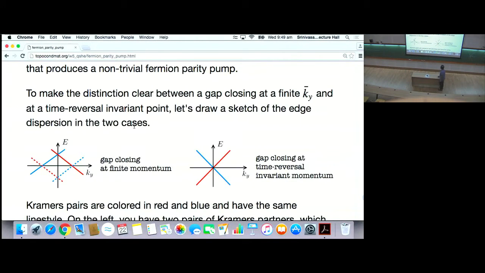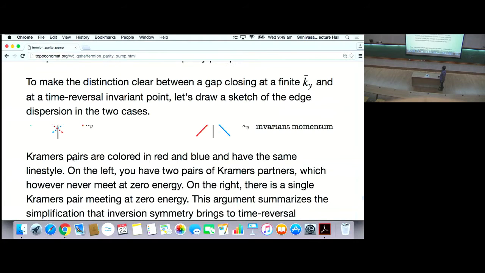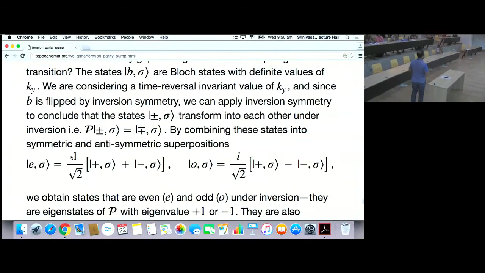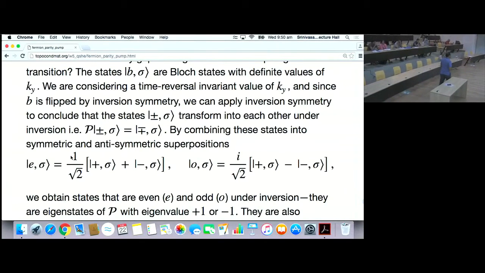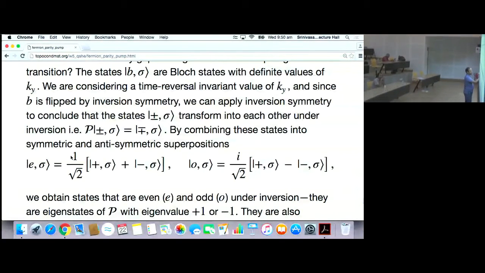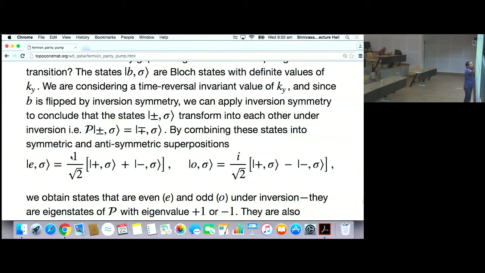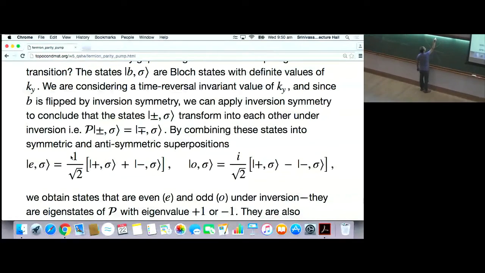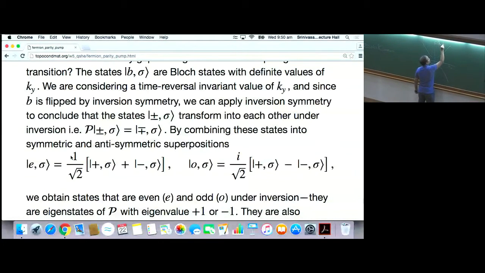Remember, let me draw the band structure along x again, something like this. This is E as a function of kx, but ky is equal to 0. All right? And this point is kx equals ky equals 0.